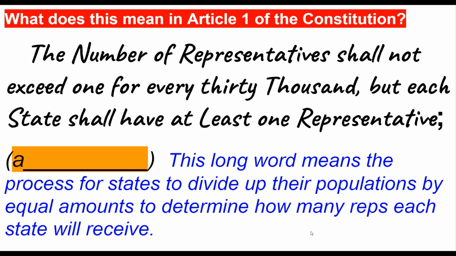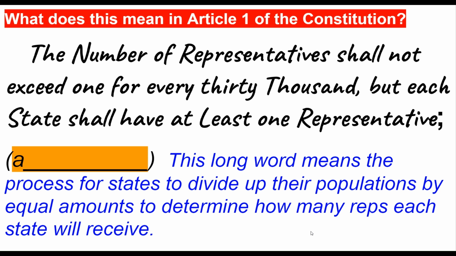So, the number of representatives shall not exceed one for every 30,000, but each state shall have at least one representative. So that says for every 30,000 citizens, a state will get one representative in the House of Reps. But that last part, if a state is under 30,000, it still gets at least one representative.